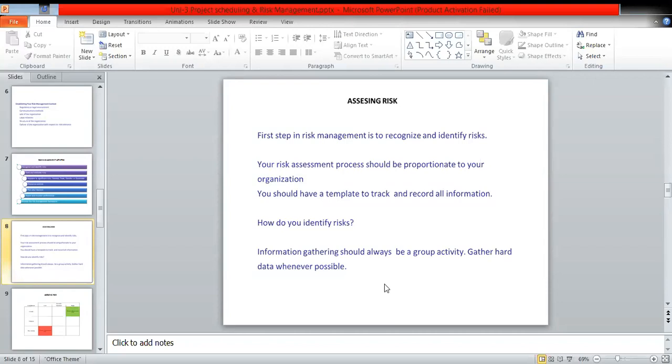So information gathering should always be a group activity, gather hard data whenever possible, right? It means the person as a project manager never panics, never thinks that he is alone and doing all the work. No, he never thinks about it because he is a very good person.